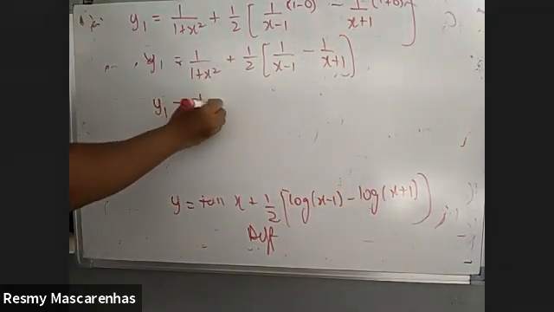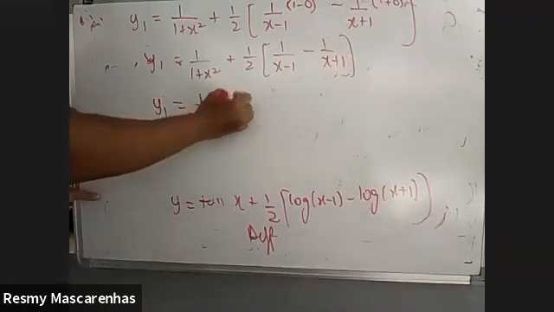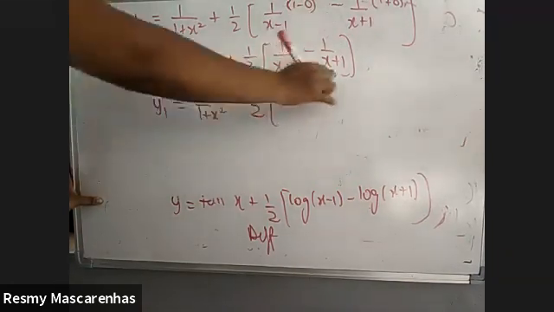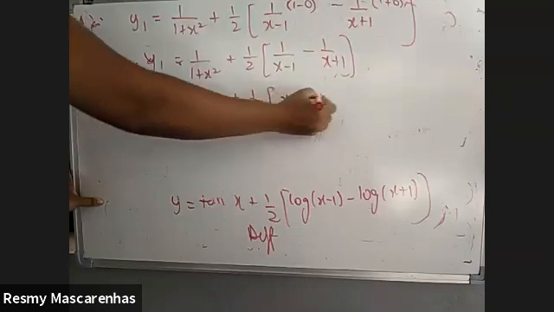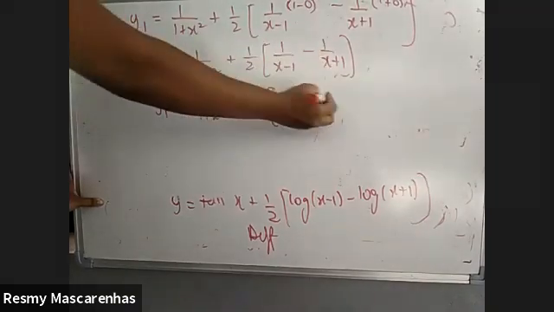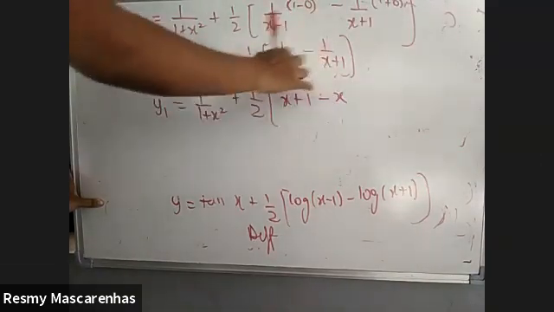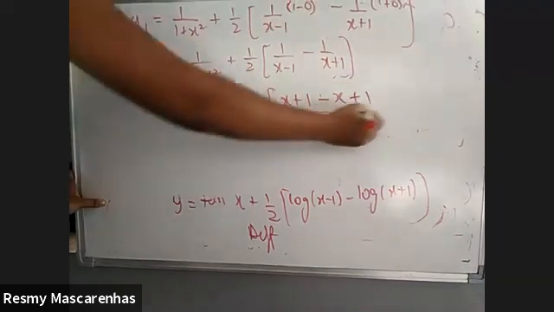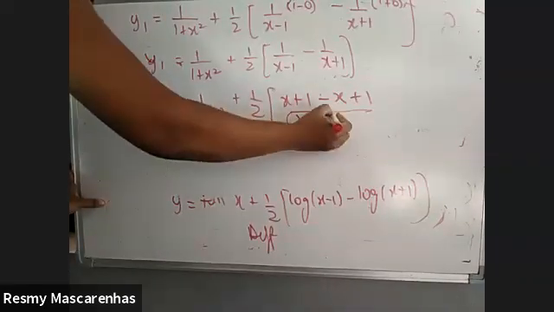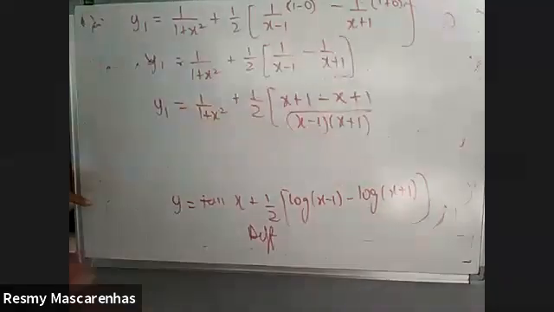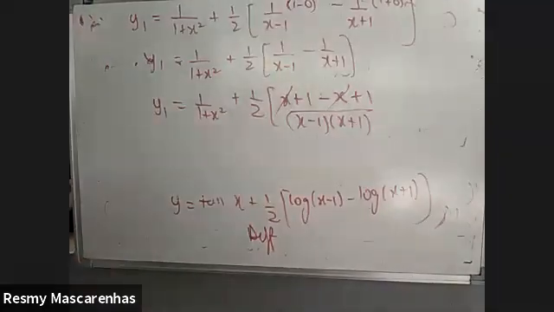Y1 cross x plus 1. Now minus will belong to both the terms, so minus x plus 1 it will become. X minus 1 into x plus 1. X and minus x will cancel.